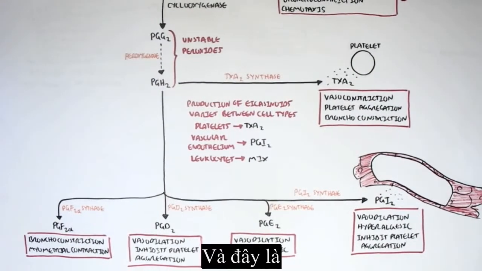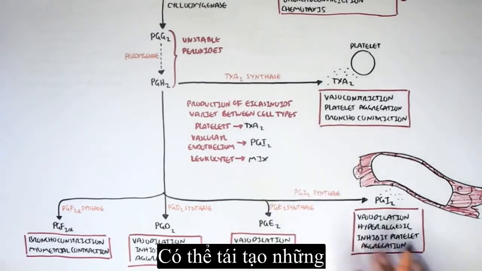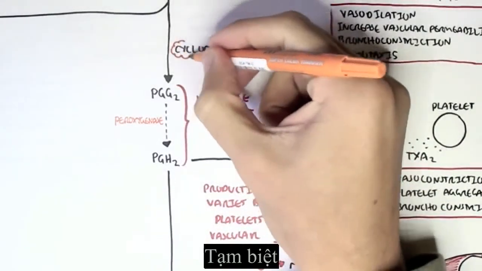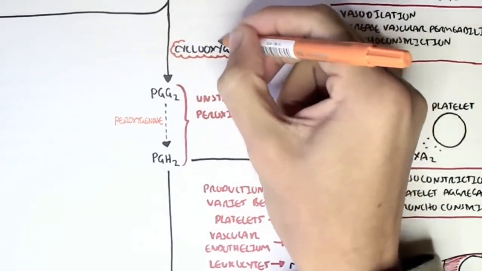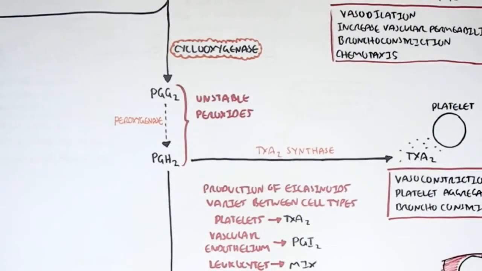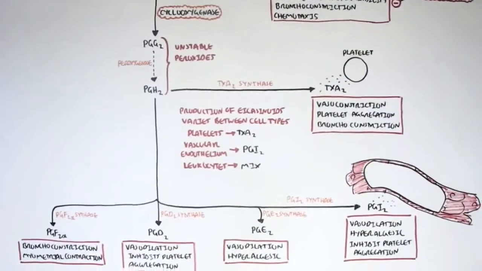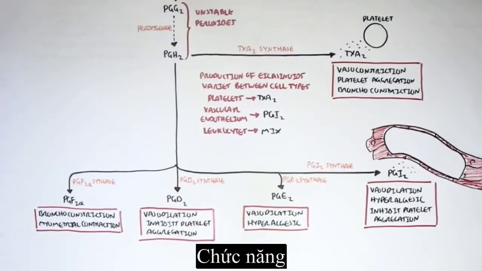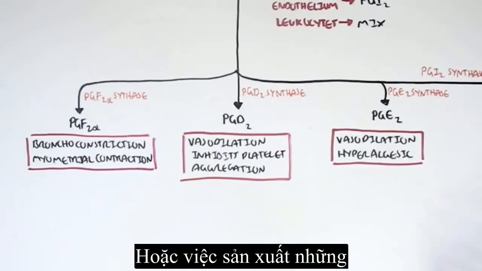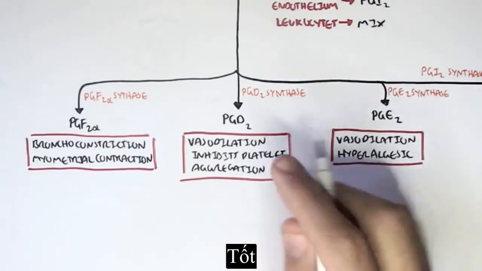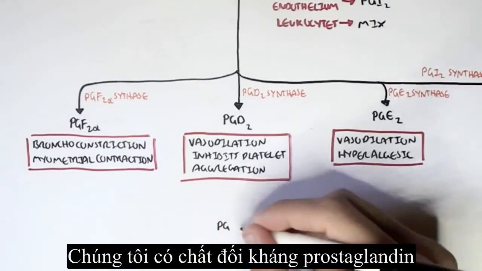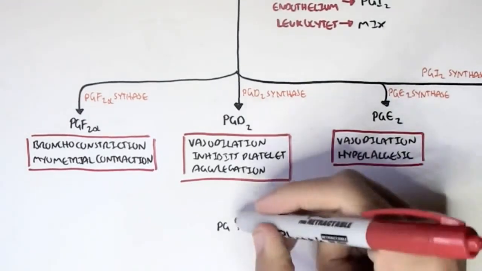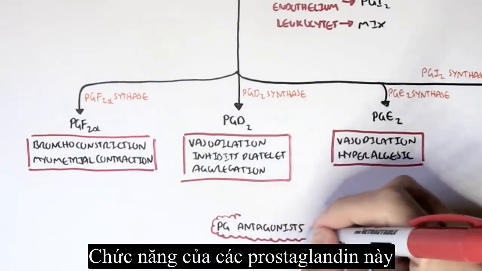These prostaglandins and the thromboxanes were able to be produced by this enzyme mainly, cyclooxygenase. So what drugs or what pharmaceutical treatments are available that can prevent the function or the production of these? Well, we have prostaglandin antagonists, which work by inhibiting the function of these prostaglandins.